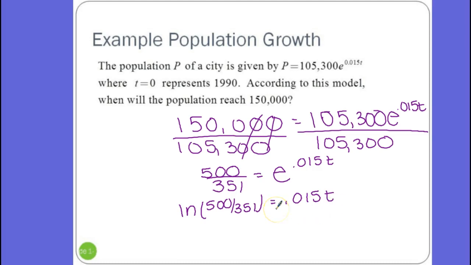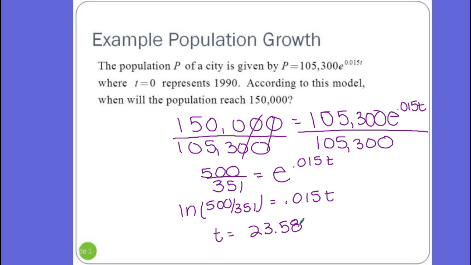Exactly. So that's 200 times the natural log of 500 over 351, which is 23.58. That represents the number of years since 1990.